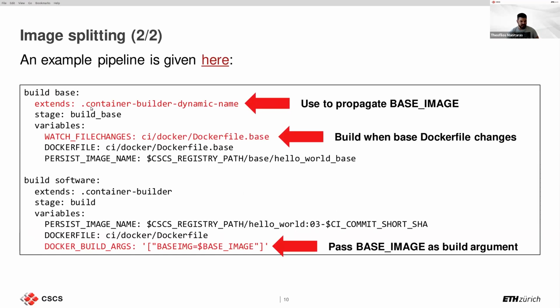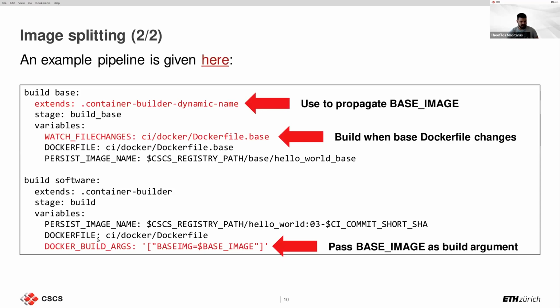Here you extend the container builder dynamic, and this is very useful because it's used to propagate the base image. And then you have this special variable, watch file changes, and you specify that you want to build only when there is a change in this base image Docker file. So as long as you don't update it, your base image will be reused if it's there. And here you have the persist image name.